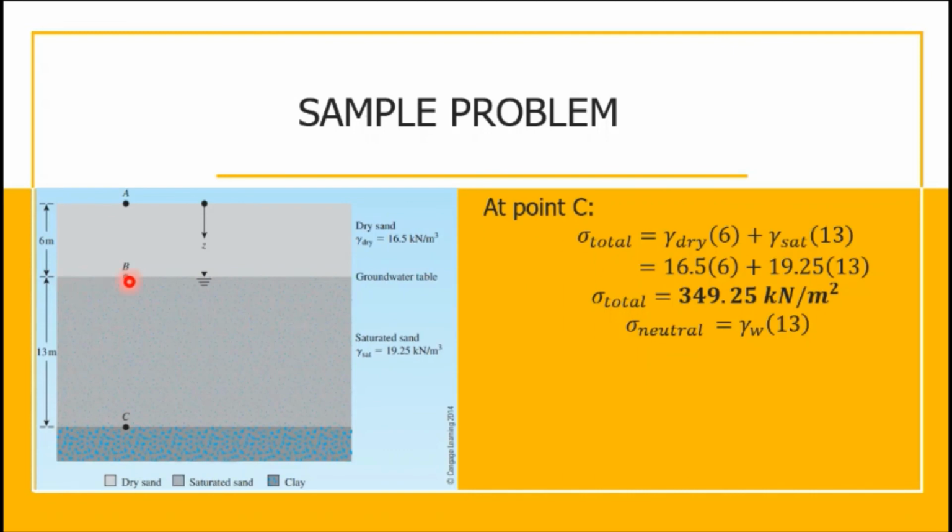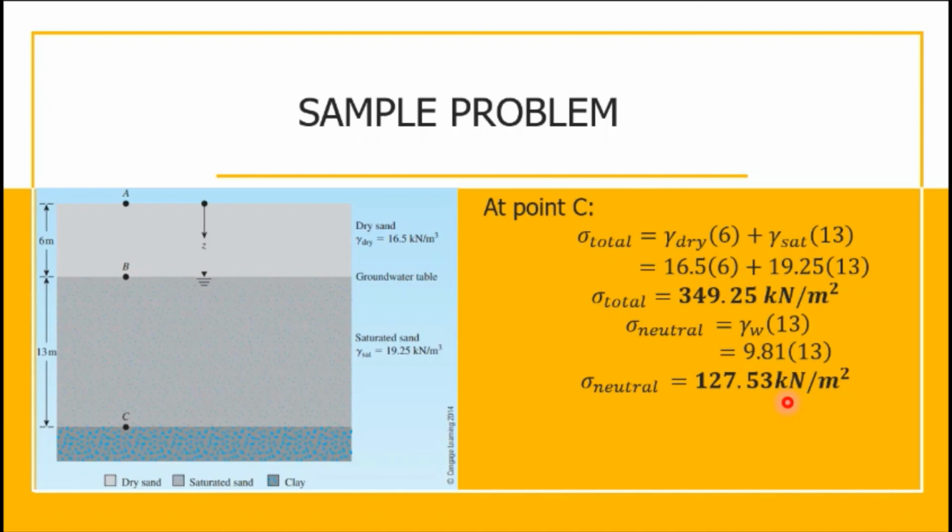From here, this is the groundwater table, down to point C, that is 13 meters. That's why this will be equal to the unit weight of water multiplied by 13. And we all know that the unit weight of water is equal to 9.81. You have to multiply it by 13. And therefore, the neutral stress is equal to 127.53 kPa, or kilonewton per square meter.